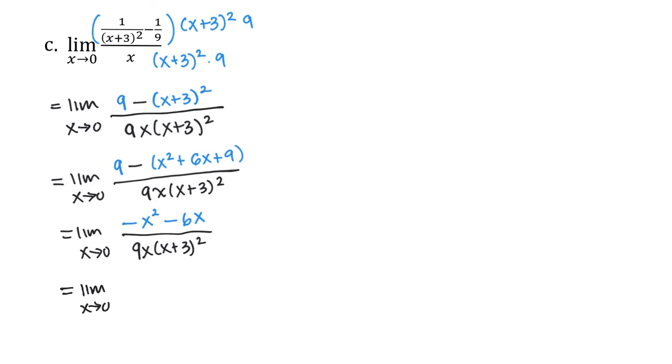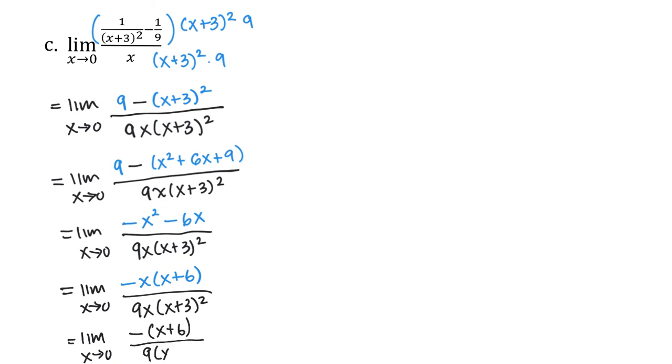I can take out the negative x. And then I can now cancel out that little x, which doesn't seem like much, but it's just one factor that's normally causing the problems of everything. Over 9 times x plus 3 squared.